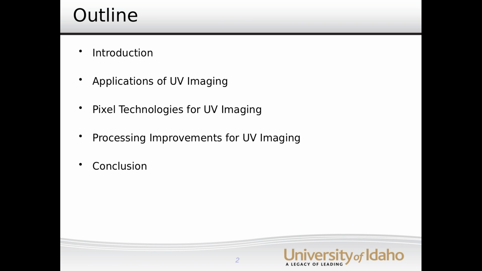Pixel technologies, these are primarily the electronics behind the UV imaging. How do we create a pixel that is going to be sensitive in the UV area of the spectrum, and then some processing improvements that we can use for these UV imagers in order to ensure that we get the light captured efficiently and quickly. Finally, we're going to go into a conclusion and hopefully wrap everything up.